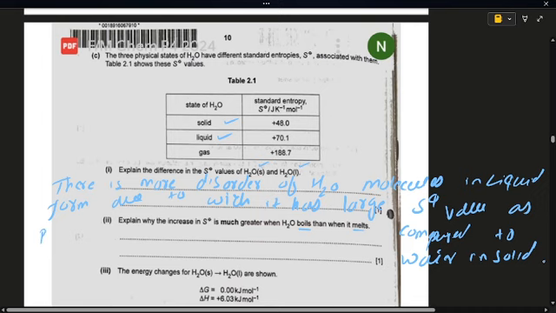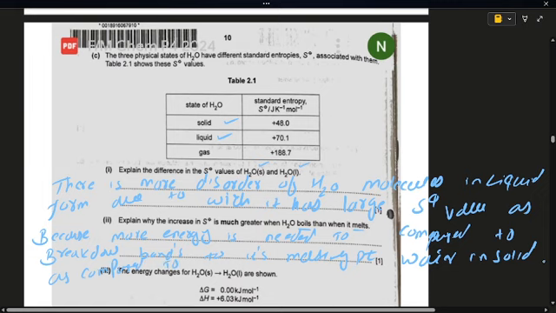So you can write because more energy is needed to break down bonds at its melting point as compared to boiling point.